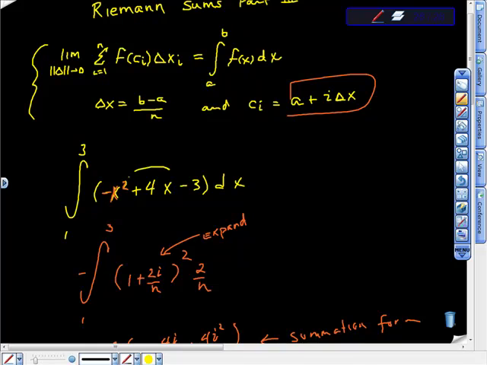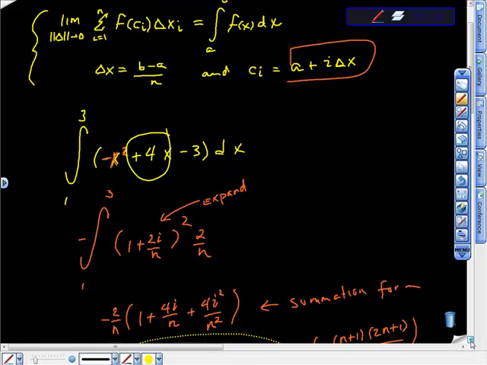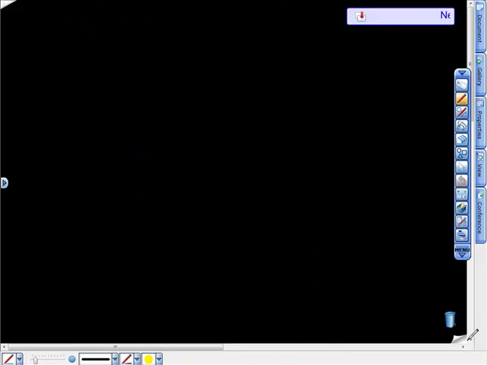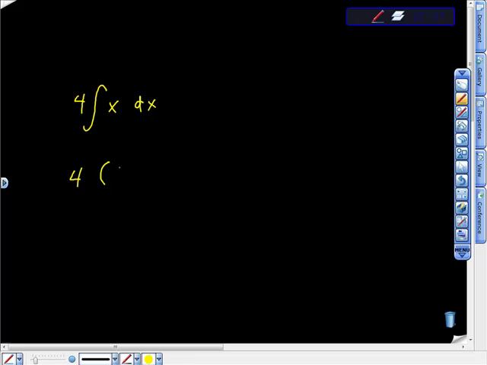All right. Now I'm going to do this piece right here. That's part 2, and it's going to look like this. The integral of 4x dx is 4 times 1 plus 2i over n.